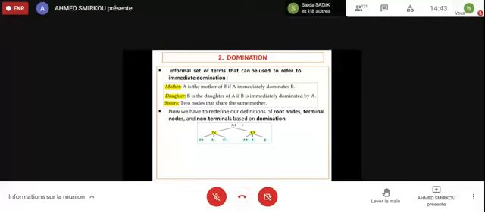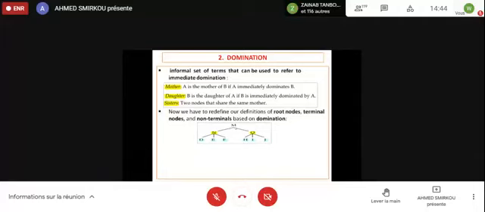So if we say that a non-terminal node is a node that is dominated and dominates, then we are going to exclude M, because M is both root and non-terminal.